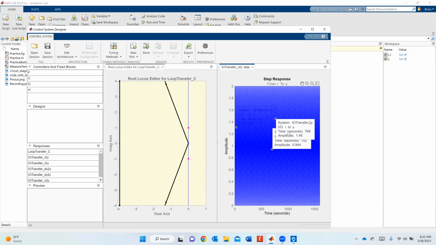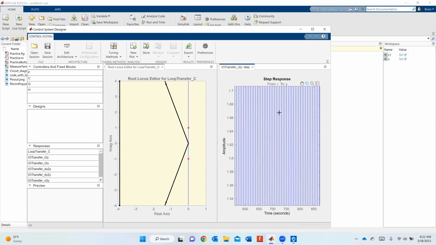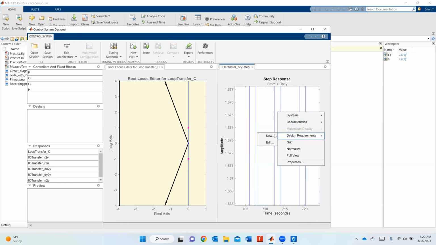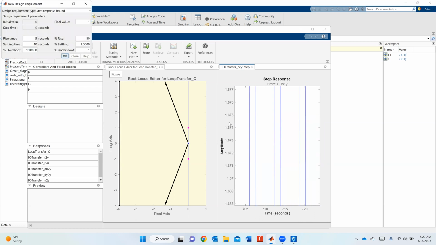Let me delete that. So we need to satisfy our design. So let me just zoom in real quick on this part. Okay, so I need to add a point here. So I'm going to hit design requirements. I just zoomed in so it wouldn't touch a point there.